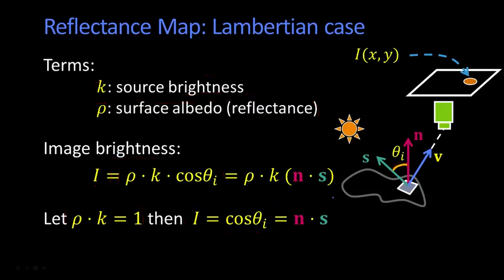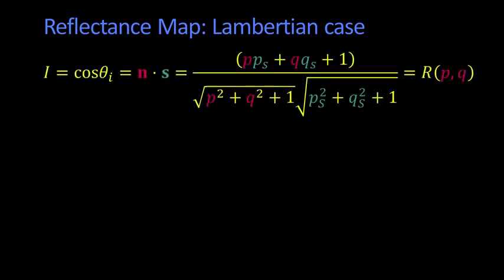Clearly what matters in the brightness that we see is the incident angle between the normal and the light source. Here is the mathematics of our Lambertian system. To keep everything straight, I've color-coded it: the normal is purple, and the light direction is this green.